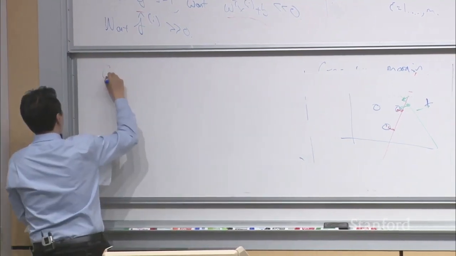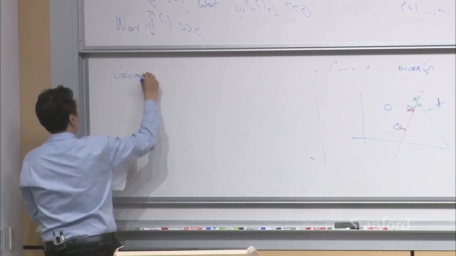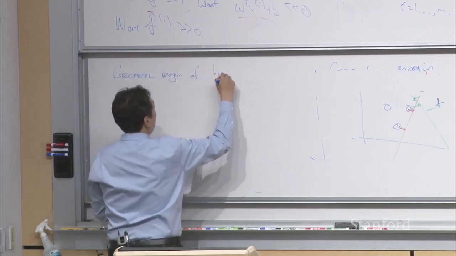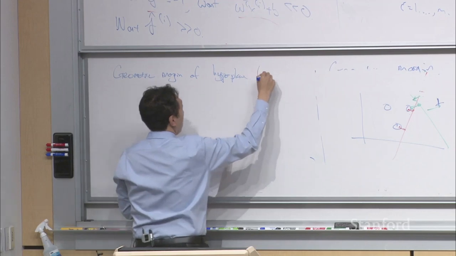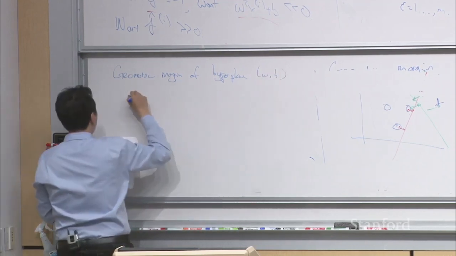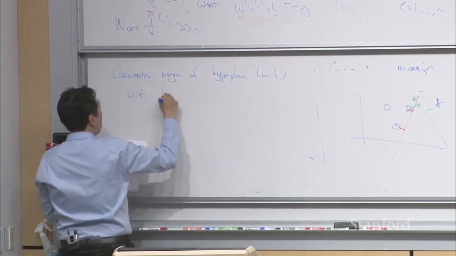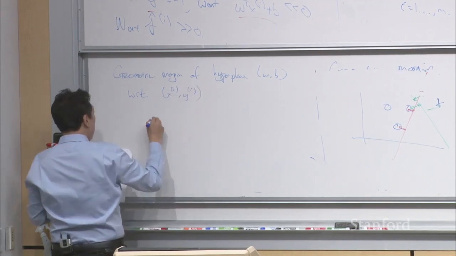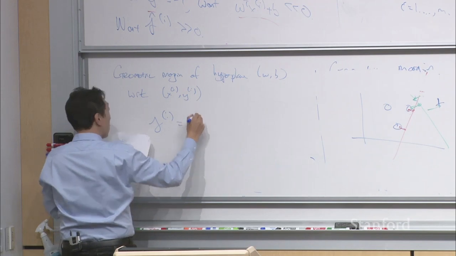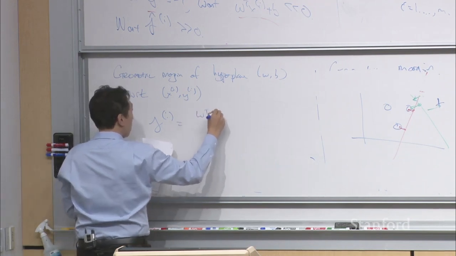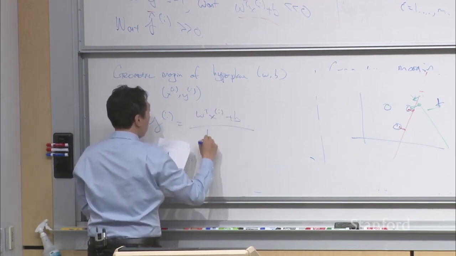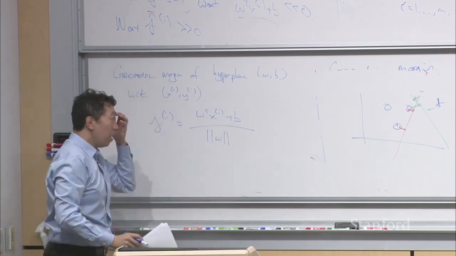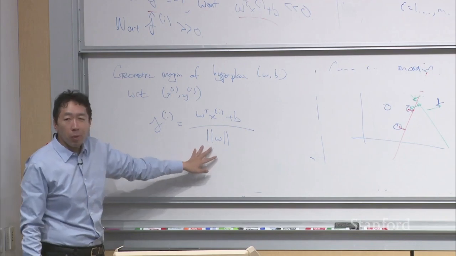So the geometric margin of the classifier, of the hyperplane defined by W, B, with respect to one example, x_i, y_i, is going to be gamma_i equals (W transpose x plus B) over the norm of W. I'm not proving why this is the case.